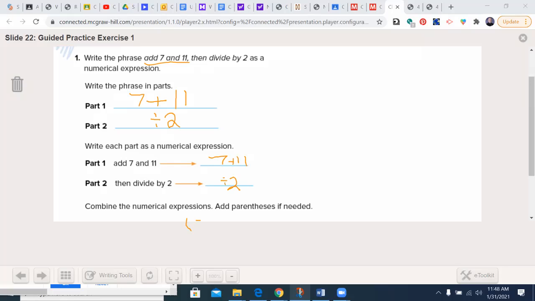So then my final answer, I'm going to put 7 plus 11 in parentheses. So I do that first. And then I divide by 2. Oops, I'm going to clear that. And there we go. We'd end up with 7 plus 11 is 18, divided by 2 being 9. Go ahead and write that in.